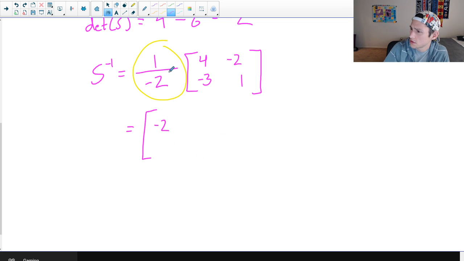Negative 2 times negative 1/2 would just be 1. Negative 3 times negative 1/2 would be positive 3/2. 1 times negative 1/2 would be negative 1/2. All right, so this is my inverse.